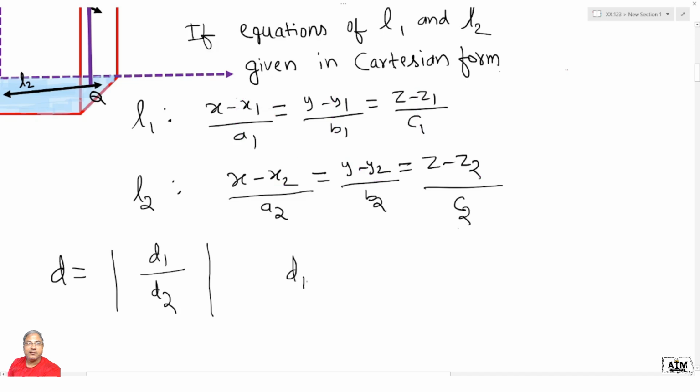Therefore, d1 equals the determinant of x2 minus x1, y2 minus y1 and z2 minus z1 in the first row. In the second row, we use a1, b1 and c1. In the third row, we use a2, b2 and c2.